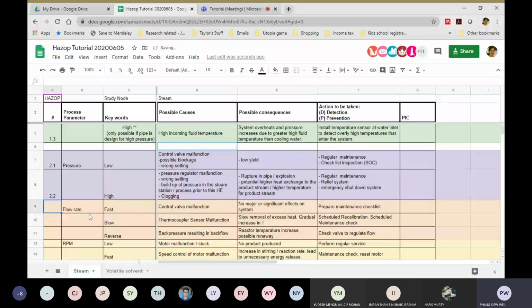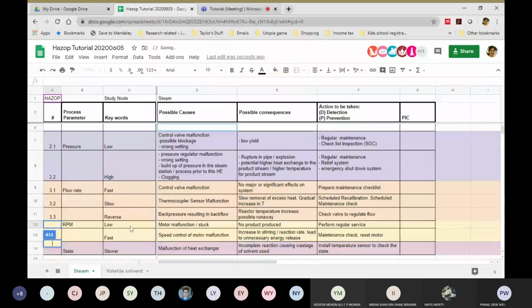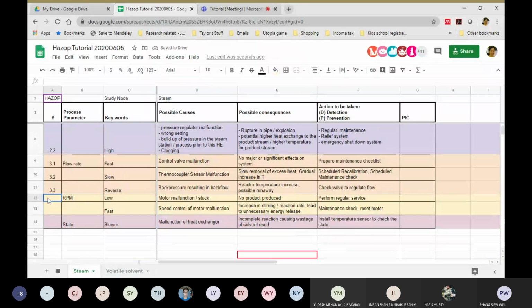Okay, so the next one, flow rate. Who wants to talk about this one? Anyone? Come on. This is an interesting one because I see a reverse flow rate.